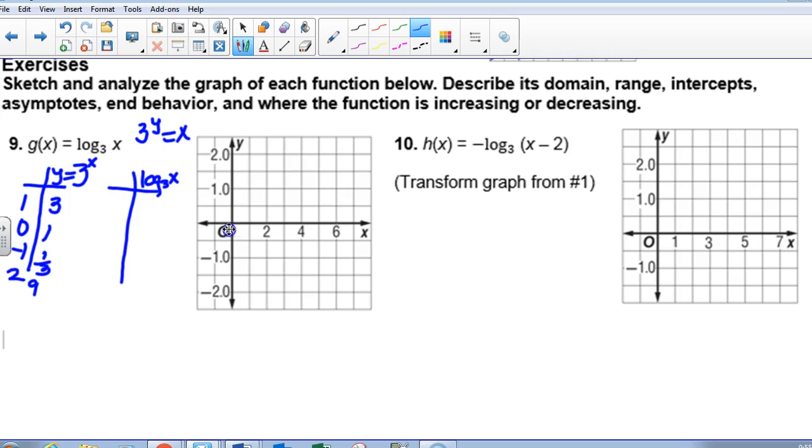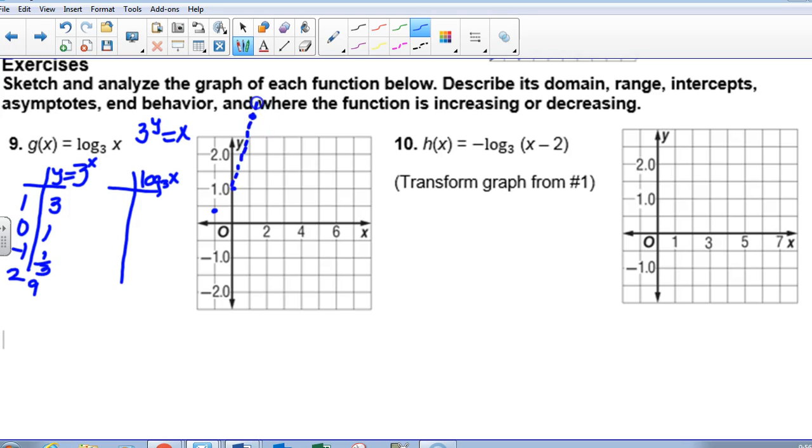So if we graphed those, the original 3 to the x, not the function we're actually looking for, would have been at 1, 3, which is off the chart, 0, 1, then up here, negative 1, 1/3, would have looked like this.